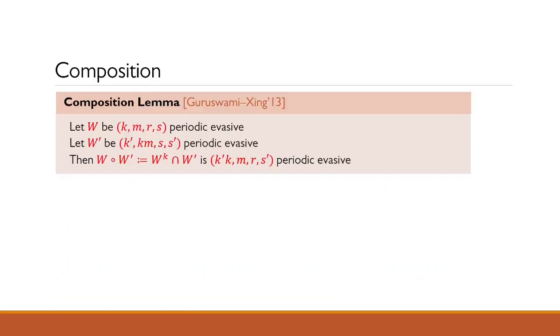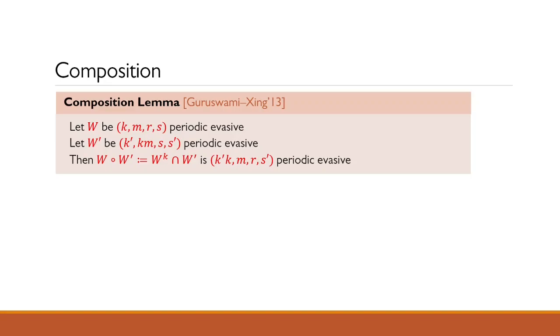And another idea we use is a composition technique, again introduced by Goswami and Shin. They implicitly show this lemma, which we call the composition lemma. Suppose W is a (k, m, r, s) periodic evasive subspace, and W prime is a (k prime, m prime, s, s prime) periodic evasive subspace. We define the composition of W and W prime to be the intersection of W to the k and W prime.